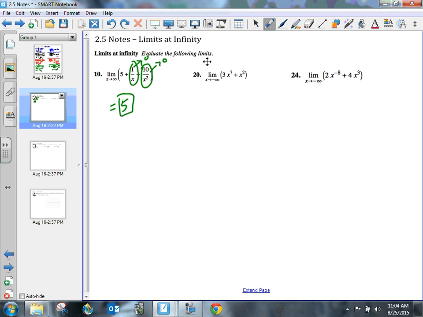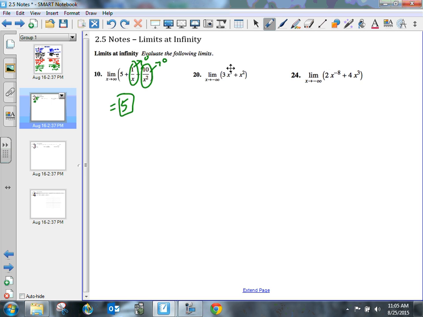All right. Now, let's take a look here on number 20. The limit as x approaches negative infinity. What happens if I plug in values that are really small here, like negative 1 million, negative 10 billion?